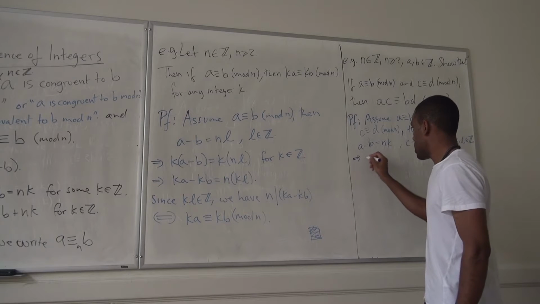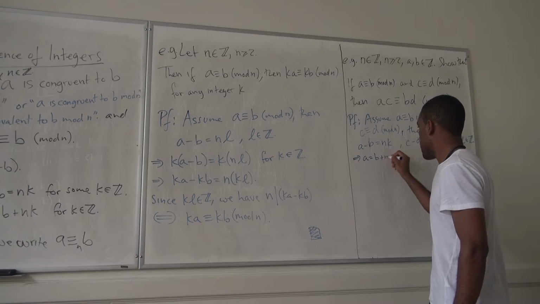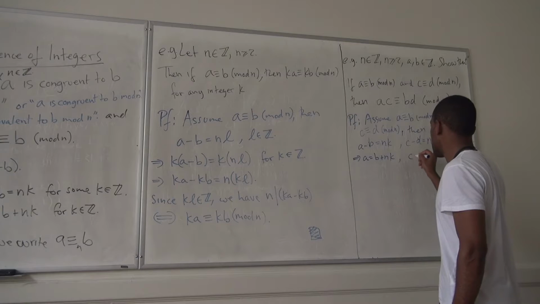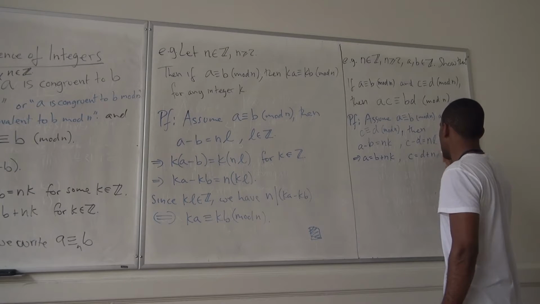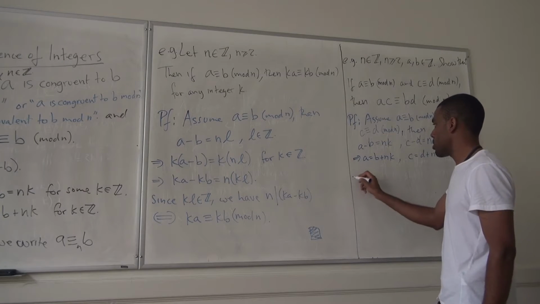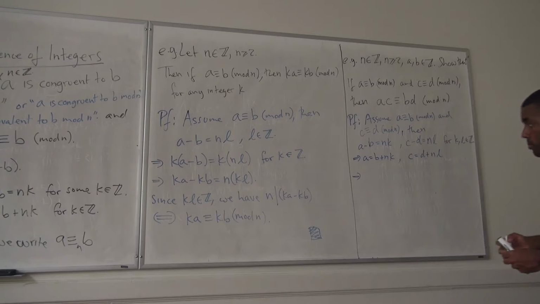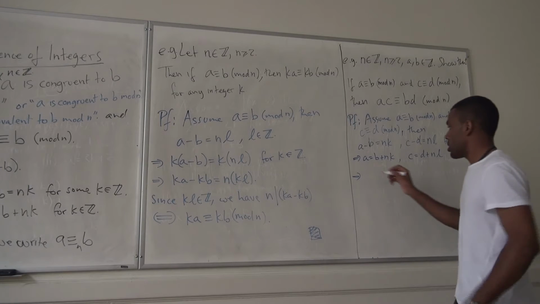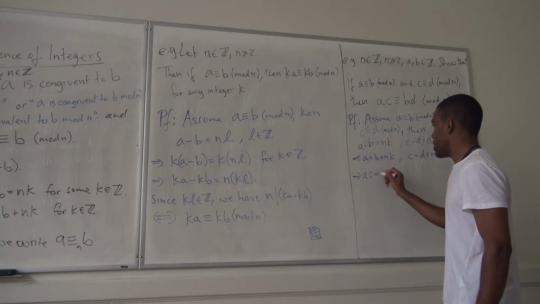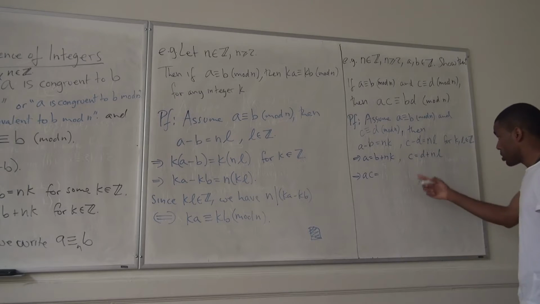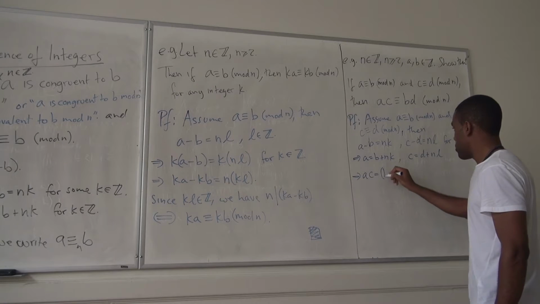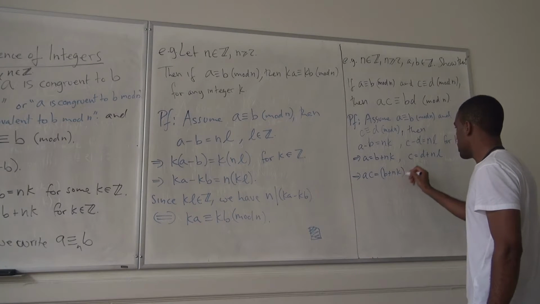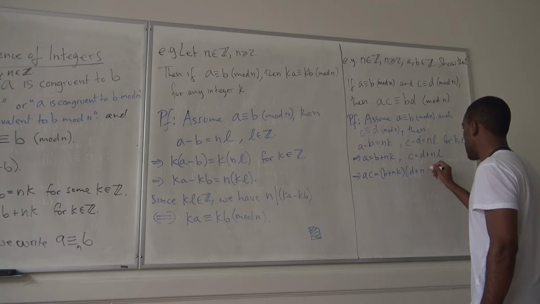This would mean A is equal to B plus nk and C is equal to D plus nl. Okay, then what do you want to say? Plug into AC. Then AC would be equal to, you just multiply these two, so we have B plus nk times D plus nl.